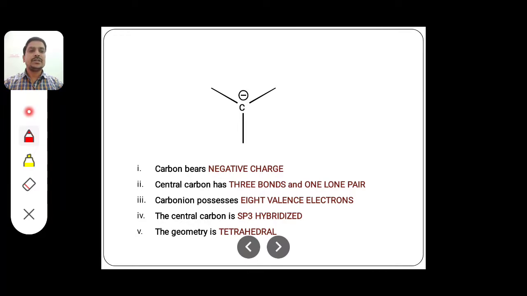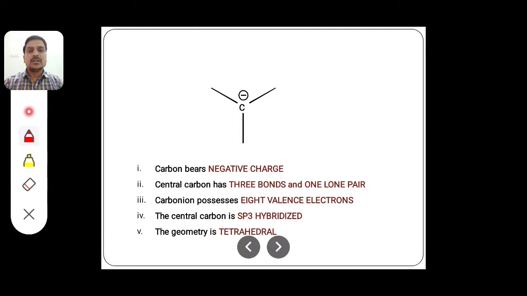Let us see the next point. A few characteristic features about carbanion. As we know, carbon bears negative charge. It is a negatively charged species, hence it will be nucleophilic, and sometimes basic. The central carbon has 3 bonds and 1 lone pair.